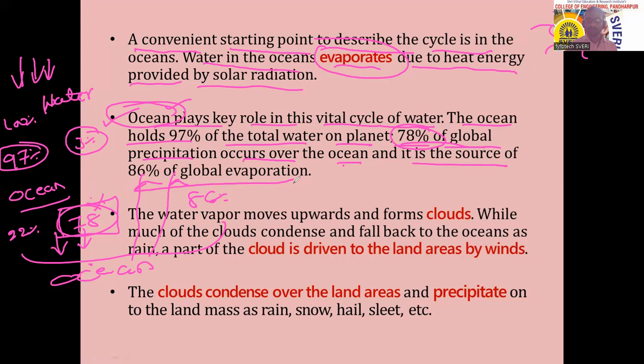The remaining 14% is from evapotranspiration, from the runoff, from the environment, from the groundwater. This is all about the evaporation: 86% from the ocean.